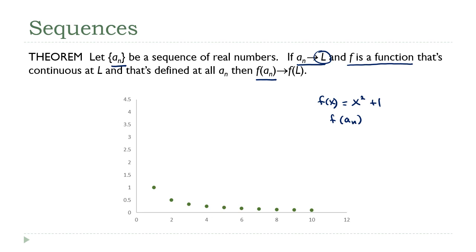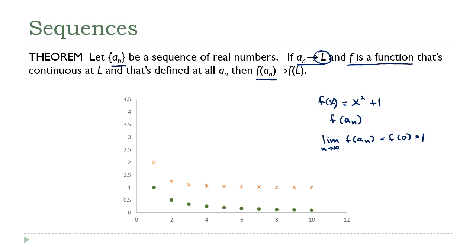Right? And if we do that, we get something like this. Now, since f of x is continuous at 0, and 0 was the limit of the original sequence, then the limit as n goes to infinity of f of a sub n must be f of 0, which equals 1. And that does appear to be the value that the sequence is approaching.